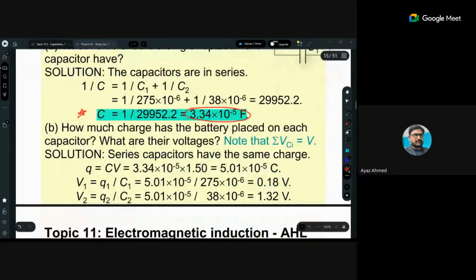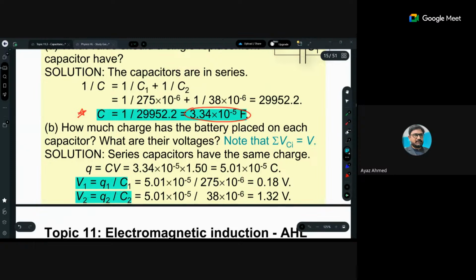So after this, how much charge has the battery placed on each capacitor? Because the charge is the same, the charge for each capacitor would be 3.34 exponent minus 5 simply. But what about the voltages across each capacitor? V1 is equal to Q1 divided by C1, and V2 is equal to Q2 divided by C2.